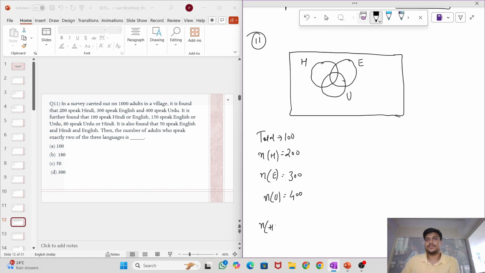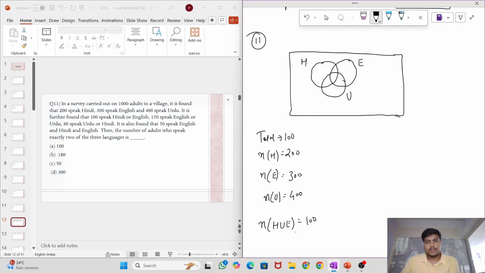Just a second, I'll write it neatly. It is the union of H, because it is or, right? Or means either this or that, and means intersection. I was thinking a bit differently, my bad. We have to take the union.